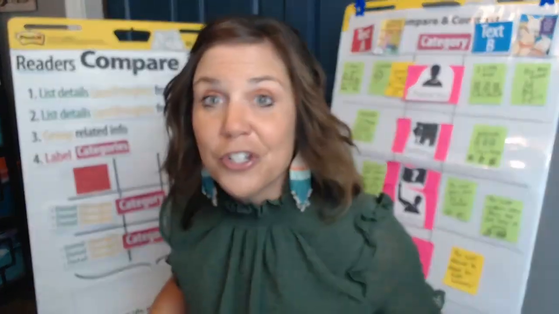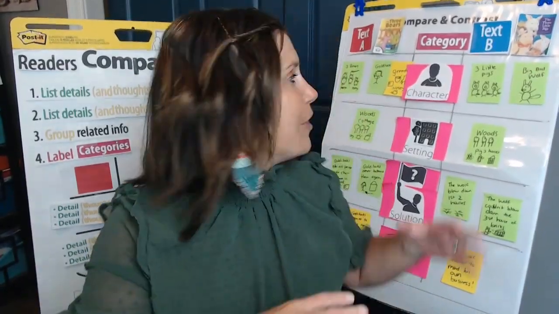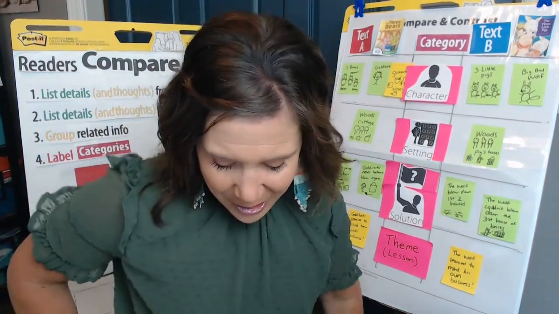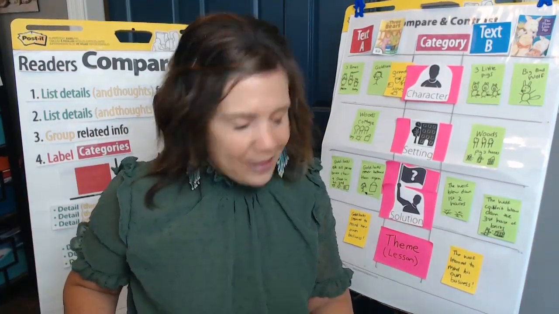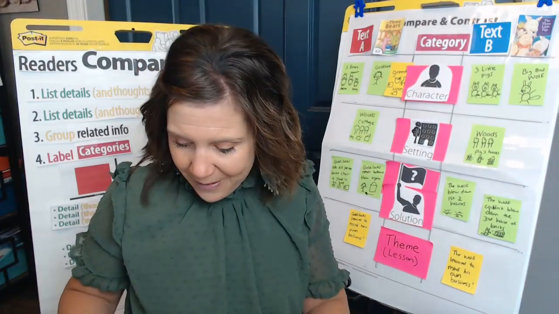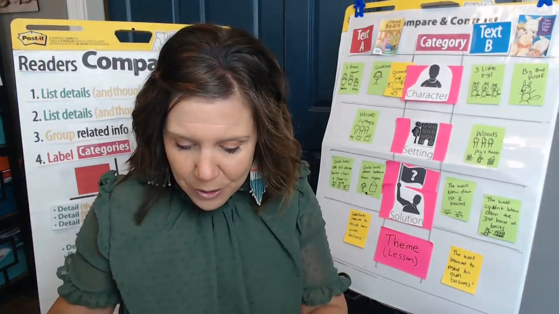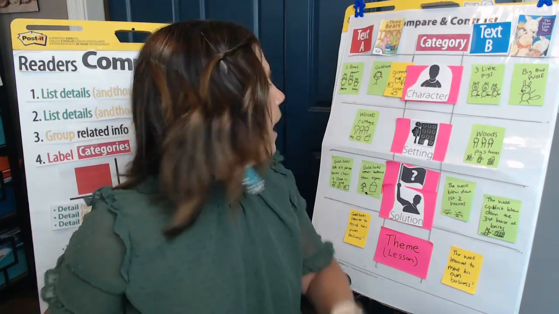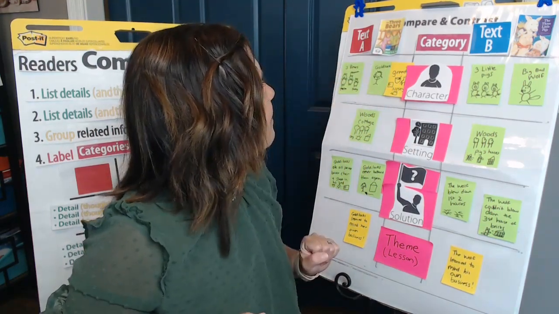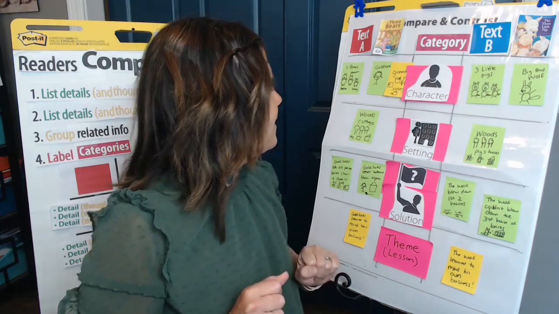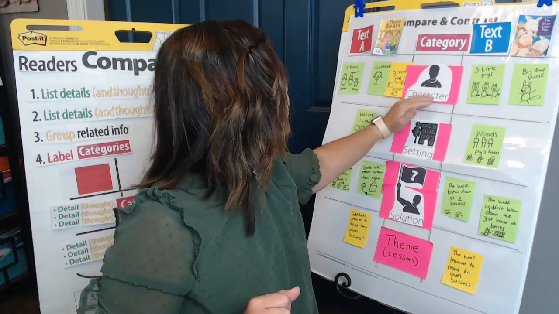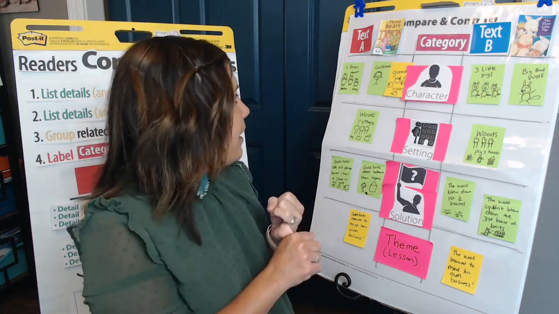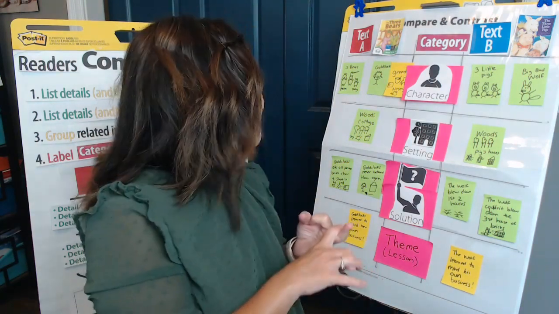Okay, so I'm going to show you how this could work with a couple of rows, and then I'm going to need your help. We'll start with the characters, right? The two books that we really looked at yesterday were Goldilocks and the Three Bears and the Three Little Pigs. When we looked at the characters, the Three Bears had three bears, Papa Bear, Mama Bear, and Baby Bear, right?